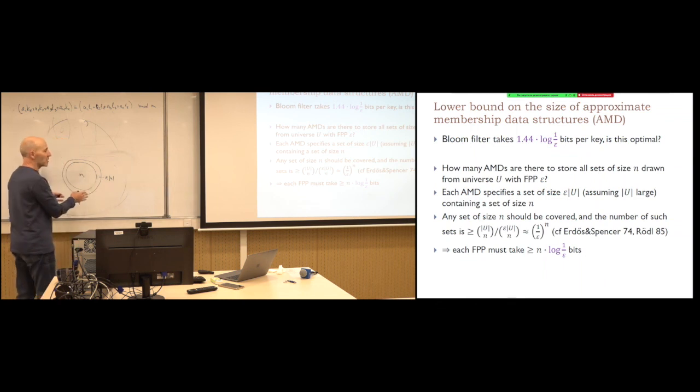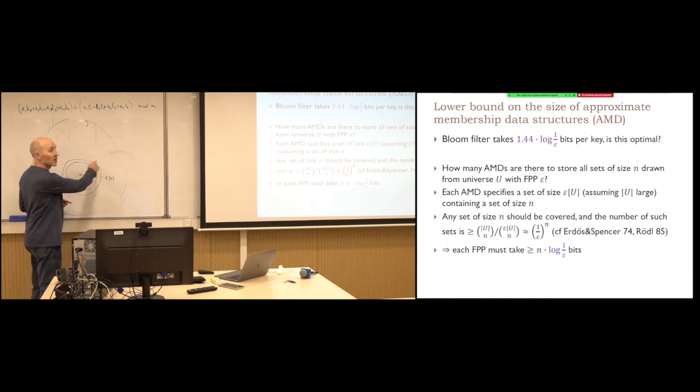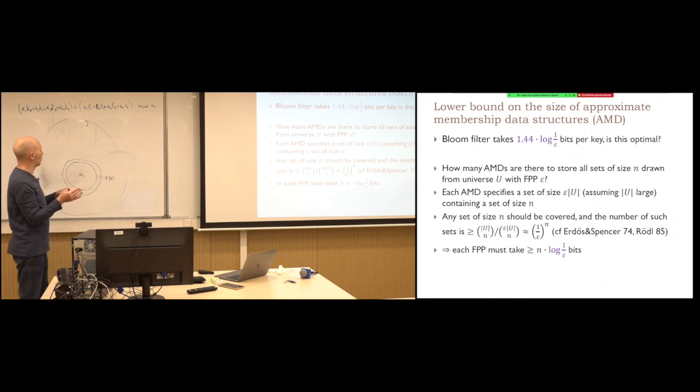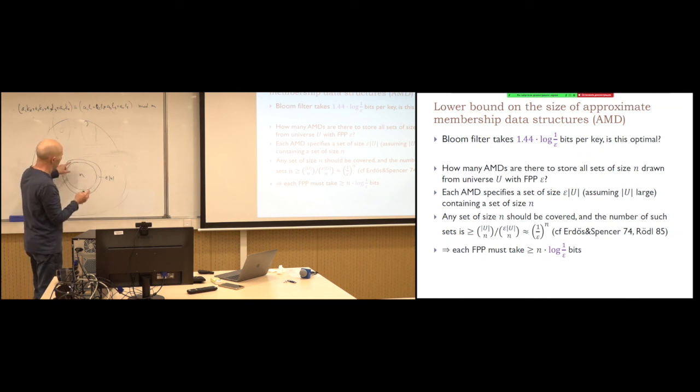This specifies a Bloom filter. The Bloom filter is specified by this surrounding set, because it answers yes for the objects of this big set, and no for the other objects.